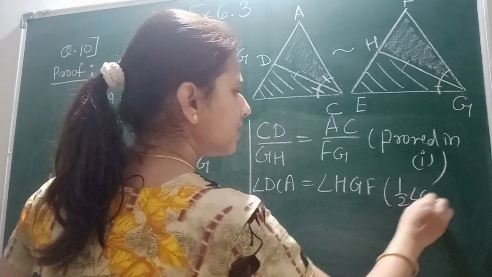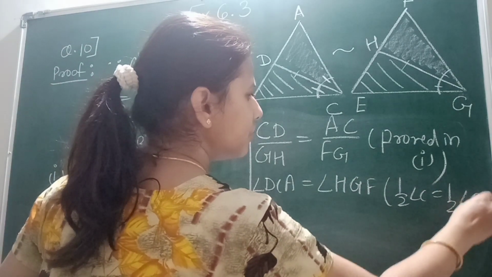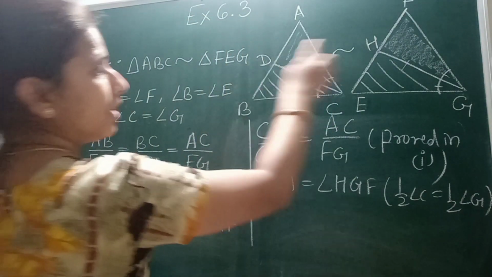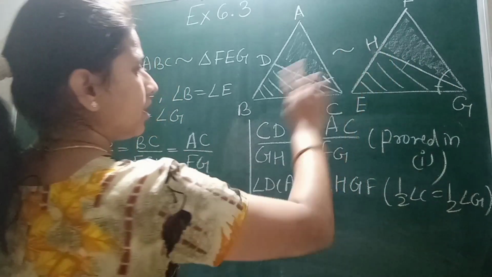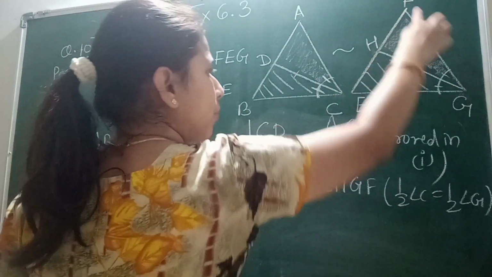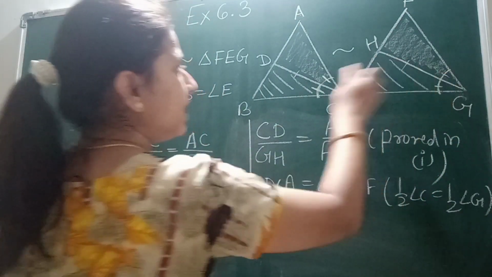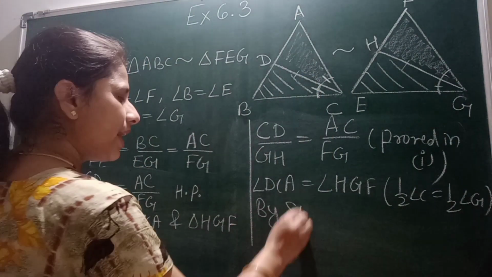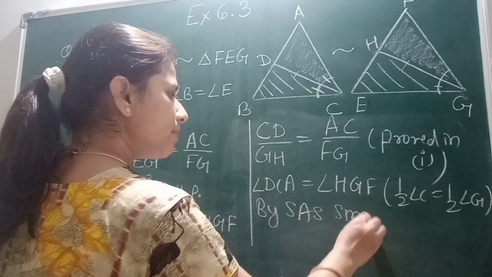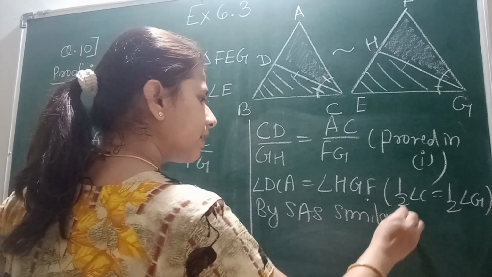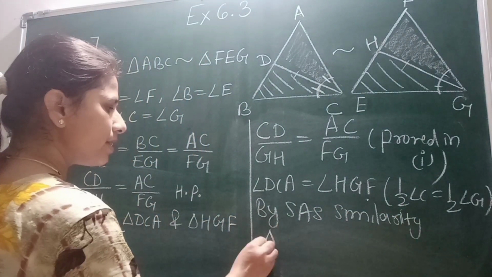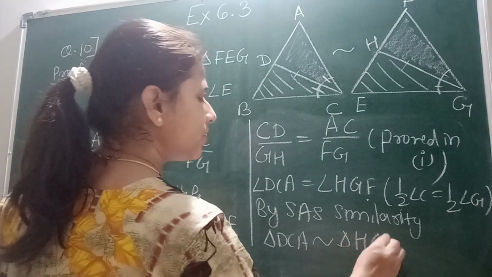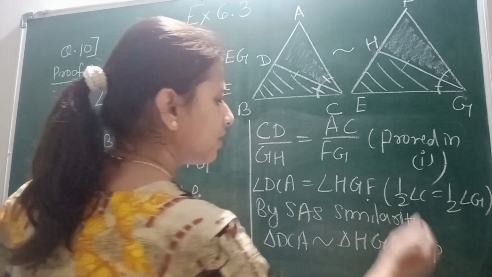Half of angle C equals half of angle G. So again, since CD upon GH is equal to AC upon FG, and this middle angle is also equal, by SAS similarity, both triangles will be similar. Triangle DCA is similar to triangle HGF, hence proved.